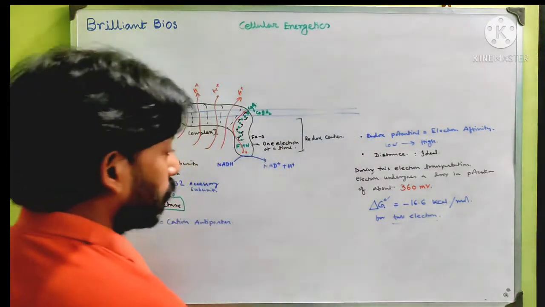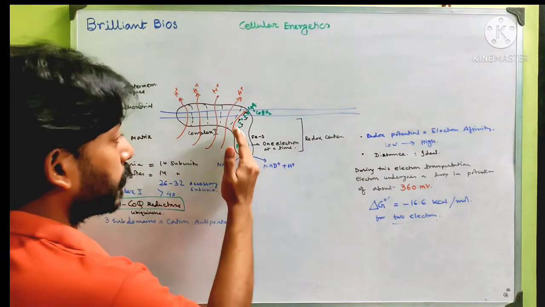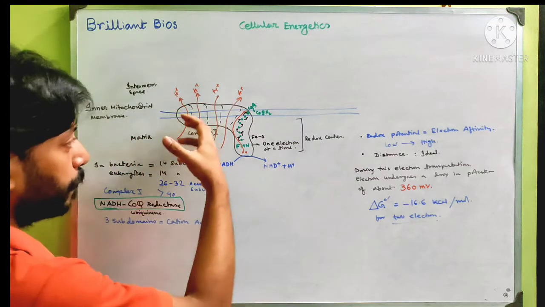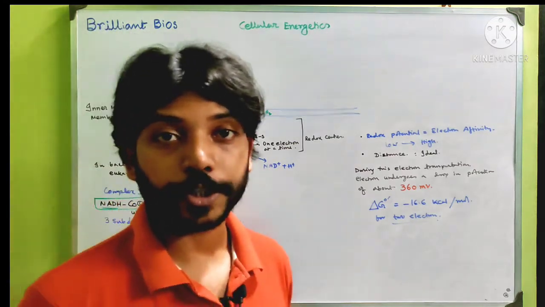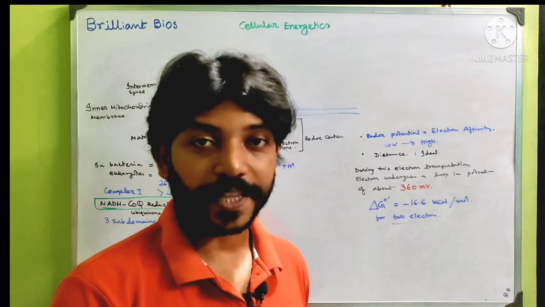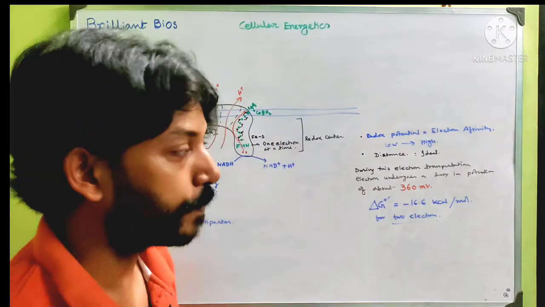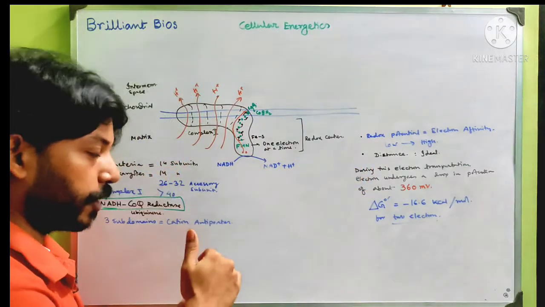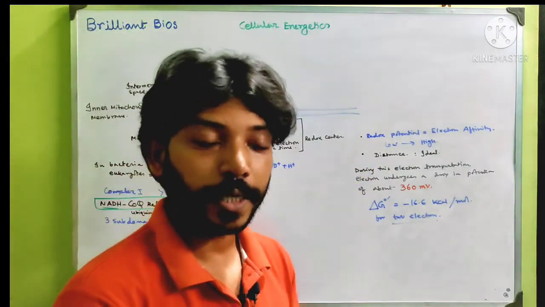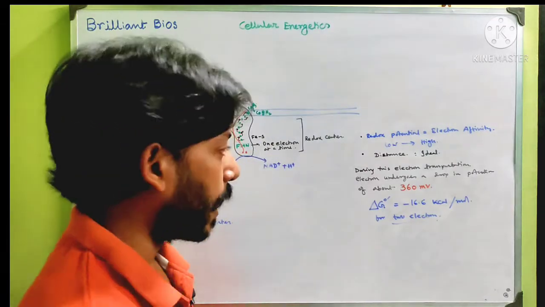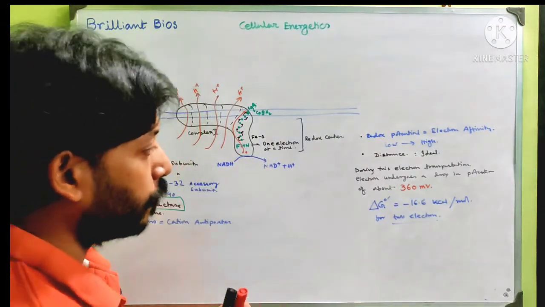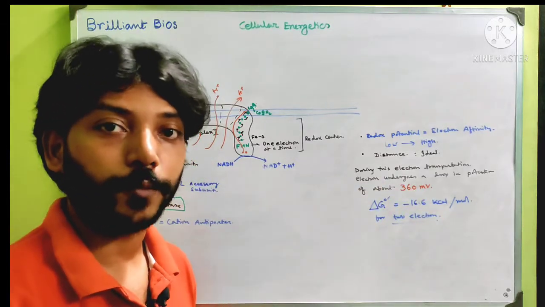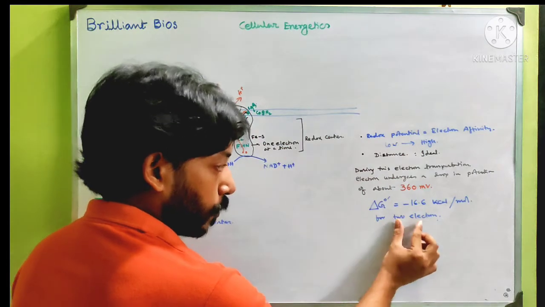So you can see here, by transporting these electrons, energy is released, and much of the energy is used for the transportation of protons by changing the conformation of the subunits. If you calculate the delta G0', you will find approximately 16.6 kilocalories per mole for 2 electrons.